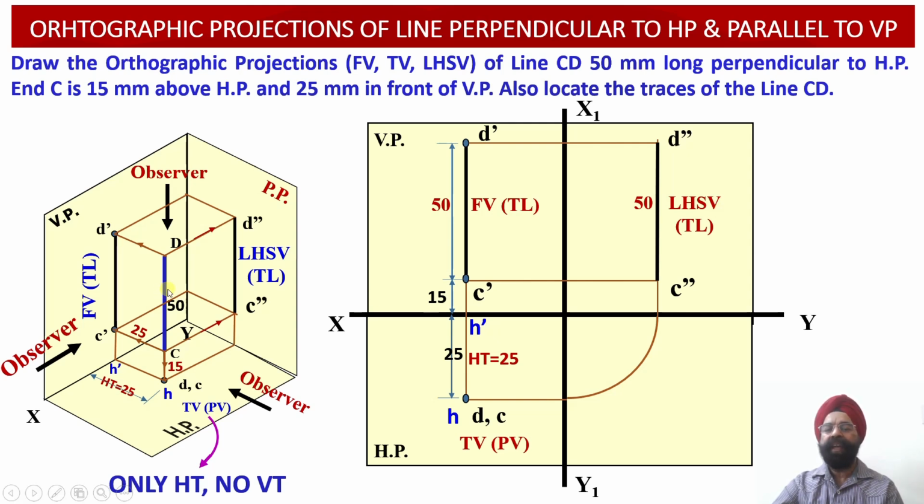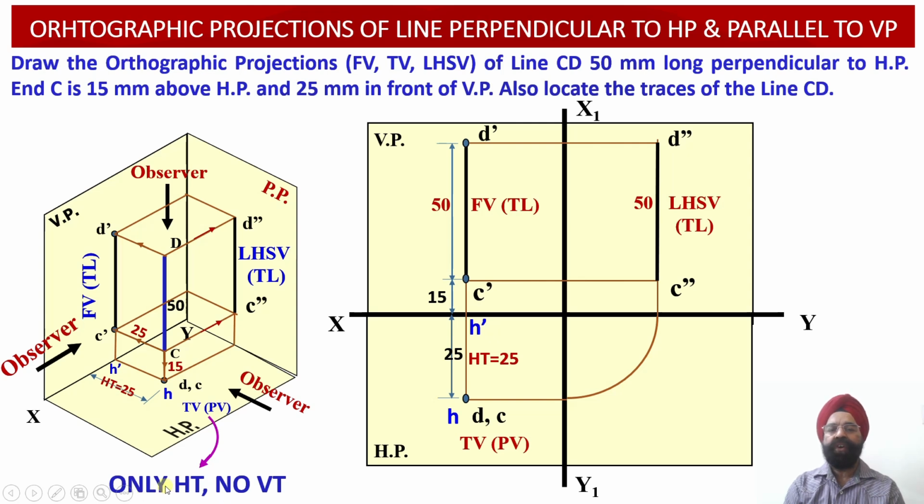And besides this, we have also discussed the spatial orientation or location of this line with respect to the horizontal plane, vertical plane and the profile plane. And we have also evaluated the horizontal trace of this particular line over here.